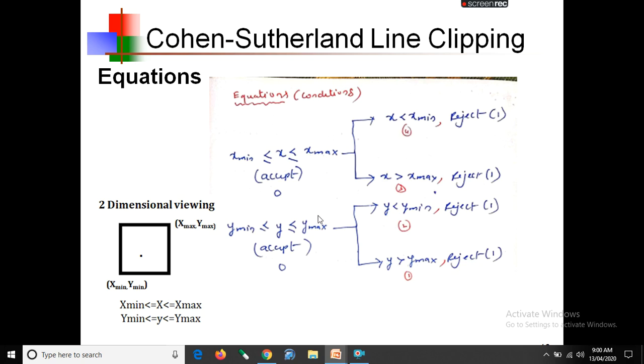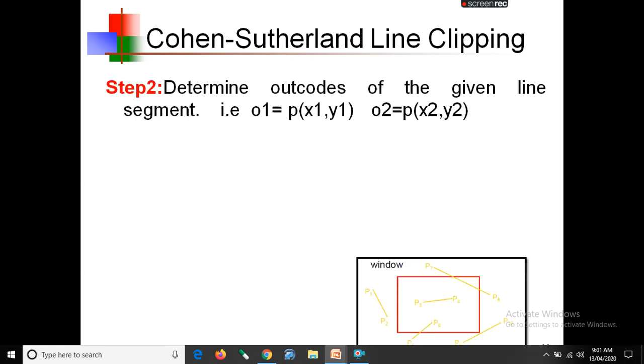When we are solving a problem, we need these 4 bits: 1, 2, 3, 4. Based on these 4 bits only, we decide whether to accept that endpoint or reject it. So these are the equations we are using in the Cohen-Sutherland line clipping algorithm. I completed only step 1.